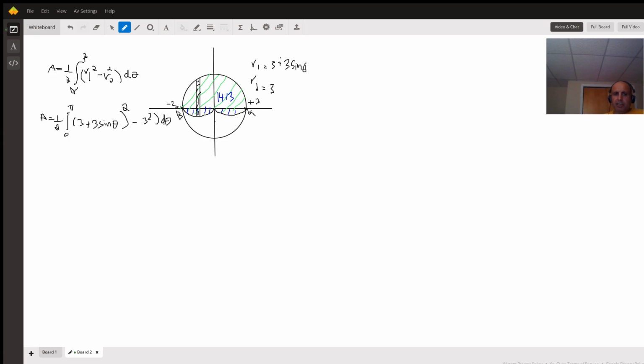minus the area bounded by the circle. From this point here, you can take that and go to this point here.